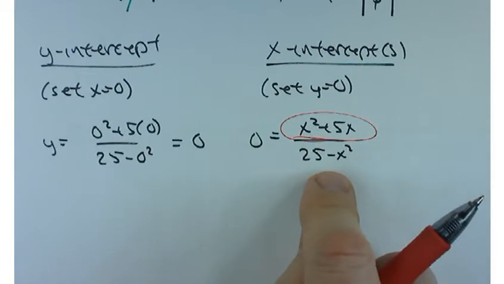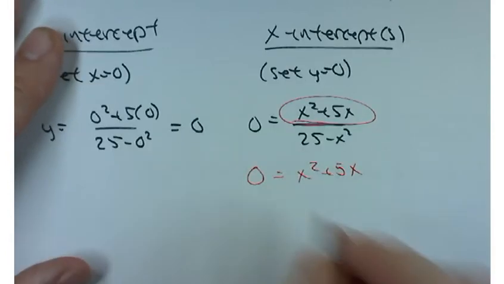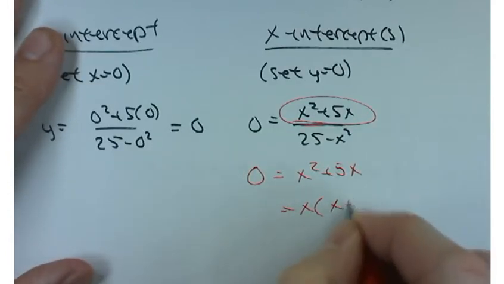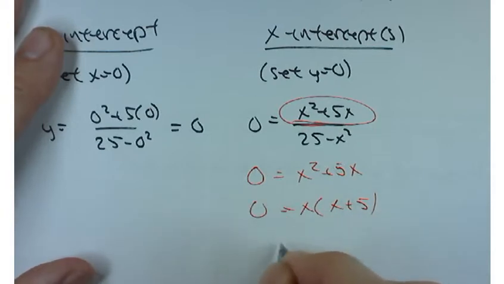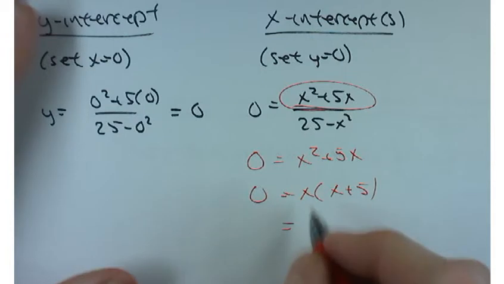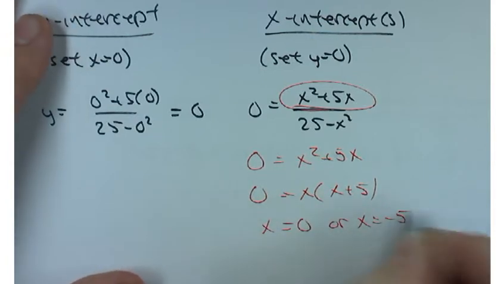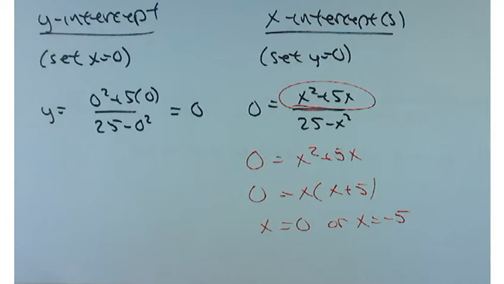Basically, you can kind of ignore the denominator. So I get 0 equals x squared plus 5x. And one of these points we kind of already knew, right? This could be equal 0 when x is equal 0 or x equals negative 5. That's going to be the two places where your graph crosses or touches the x-axis.